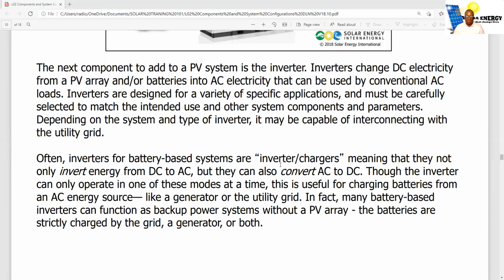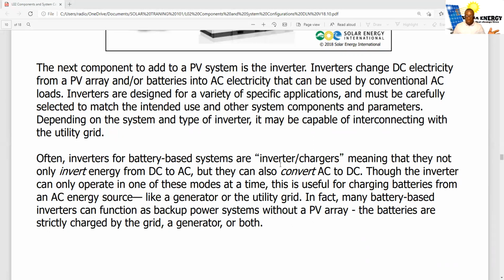Inverters are designed for a variety of special applications and must be carefully selected to match the intended use and other system components and parameters. Depending on the system type, an inverter may be capable of interconnecting with the utility grid. That is what I just explained.